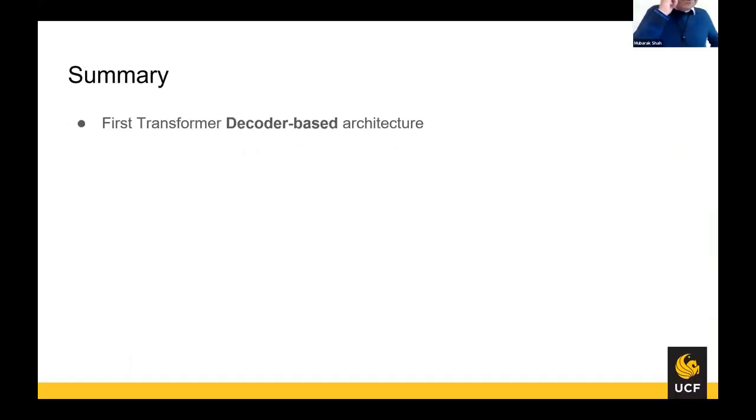So in summary, we presented this first transformer decoder based architecture, which is a very different way to solve this problem, because with this idea of queries, you randomly initialize them and ask what is the relevant information from an image, which is a very nice idea that actually came from the transformer object detector and so on.